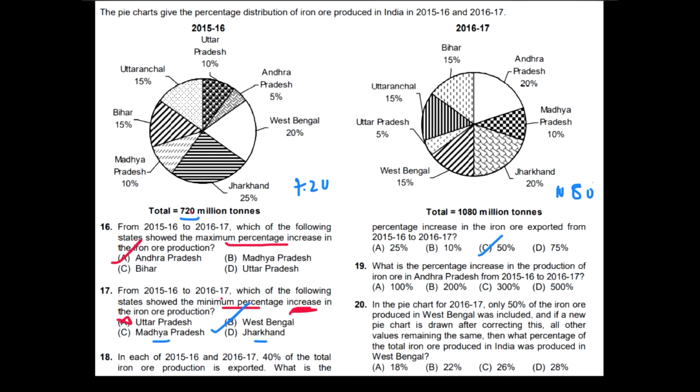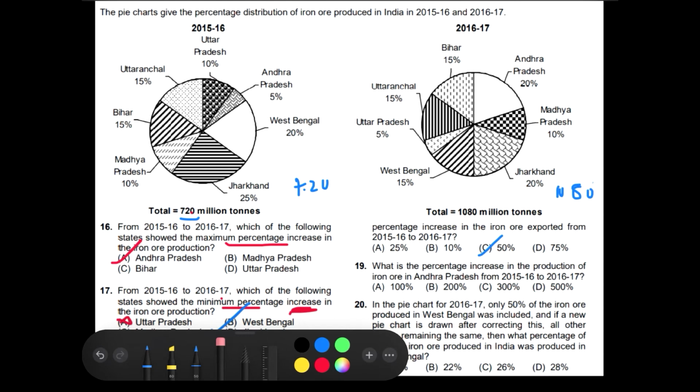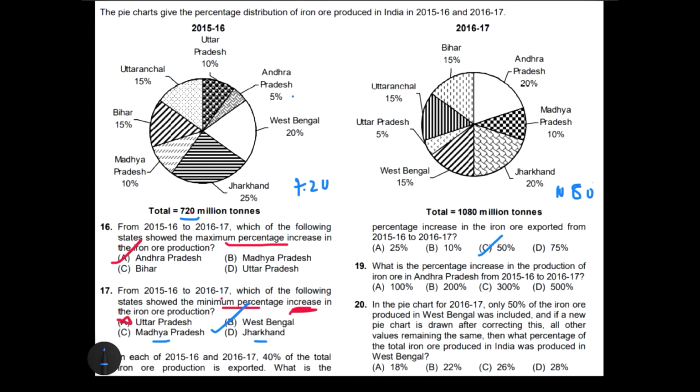Now, if I compare the value of Andhra Pradesh in the two pie charts, let us do that right away. Over here, we can see that the value is 5%. So, if the value is 5% over here, then 5% of 720 will be half of 72, and half of 72 will give us 36.